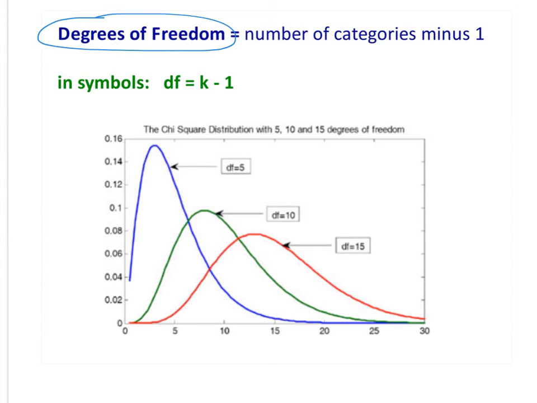Well, the degrees of freedom is not n minus 1. It's actually going to be k minus 1, where k is the number of categories, not the sample size.